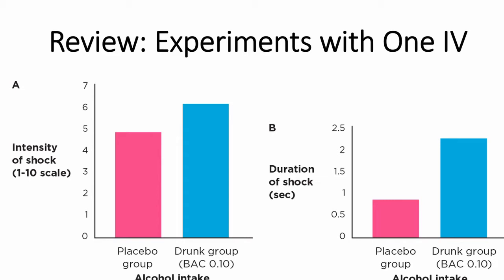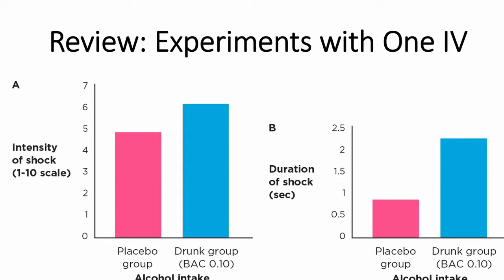Once they had established that one group was intoxicated and the other group wasn't, they moved on to the next stage of the experiment, where the participants would be playing a computer game with what they were told was a partner who was in another room. In actuality, they were playing against the computer that had been programmed to make a certain number of mistakes.